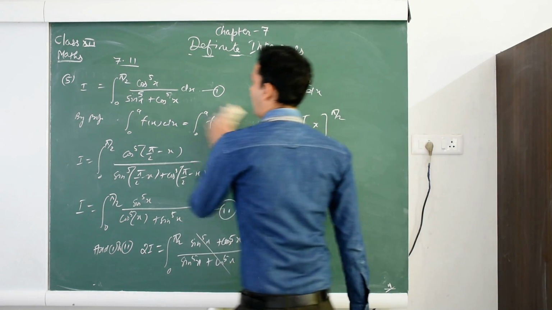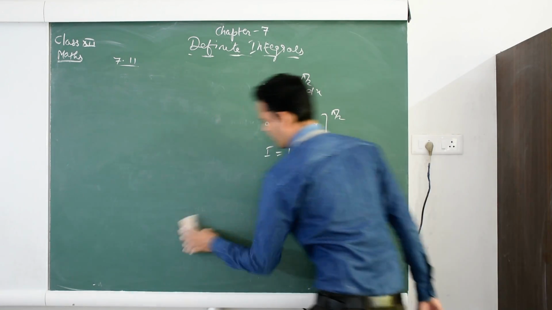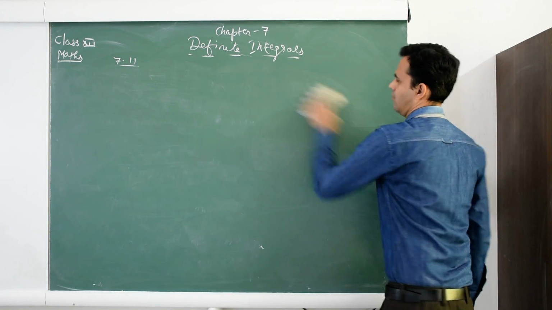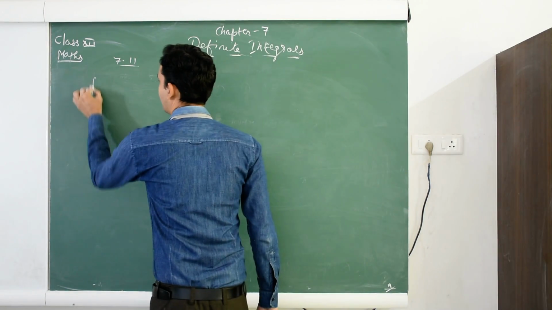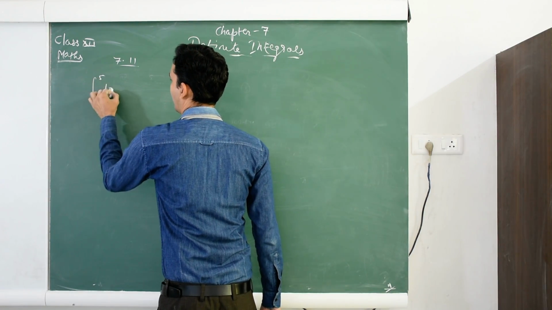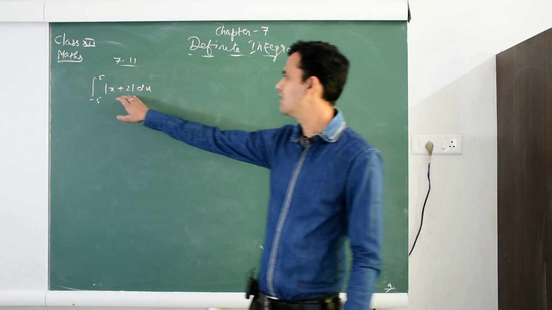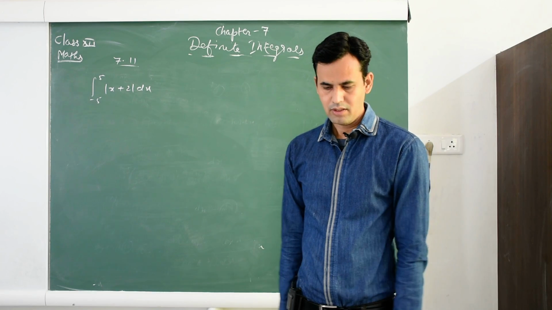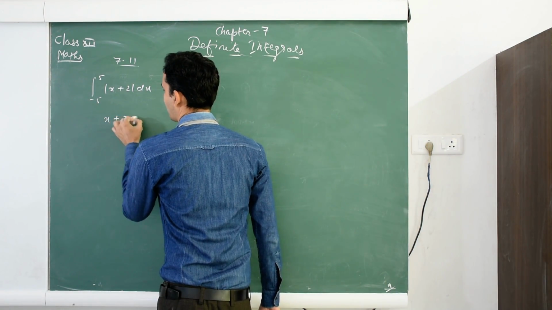Next, question number 5 of this exercise. Integration from minus 5 to 5 of mod x plus 2 dx. The function is a modulus function. So, first we put x plus 2 equals to 0.